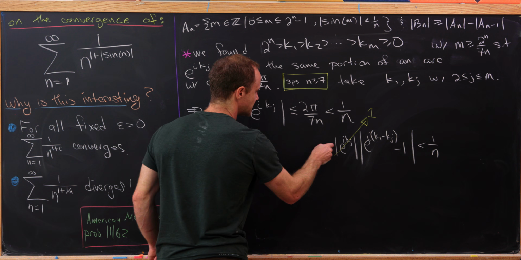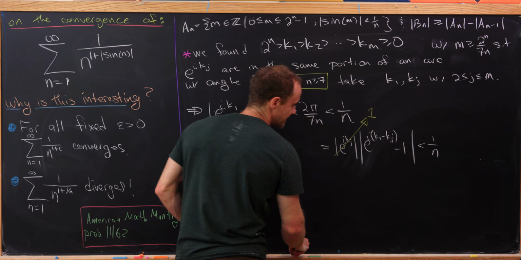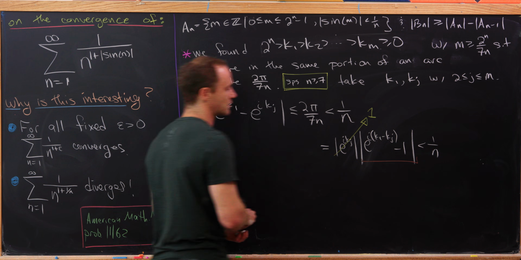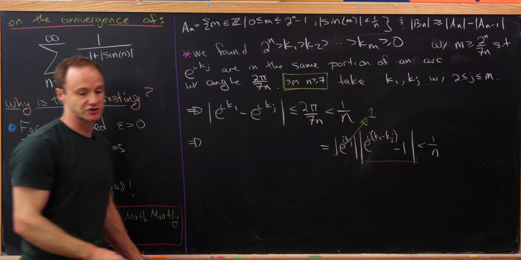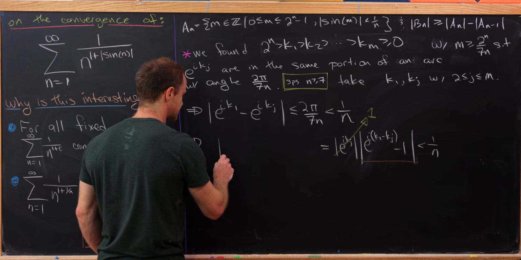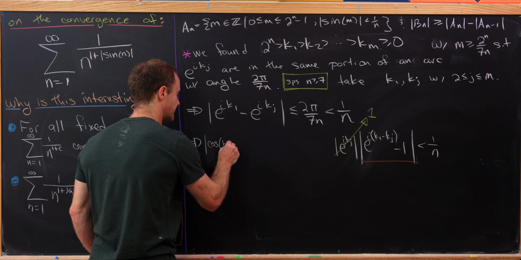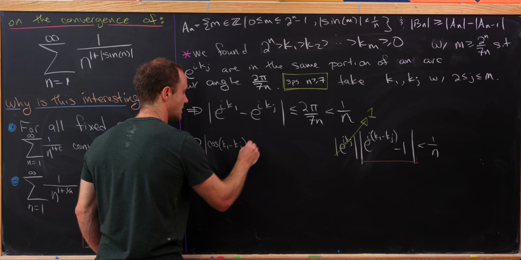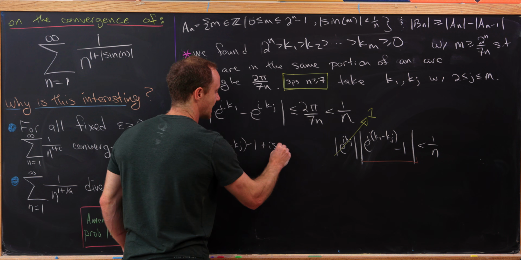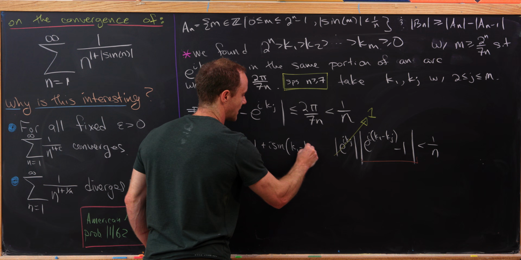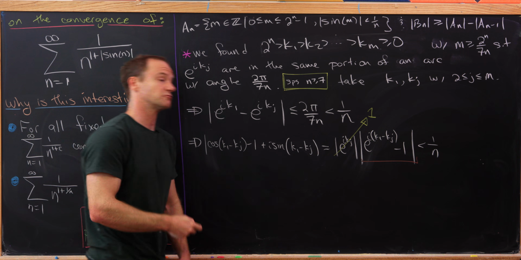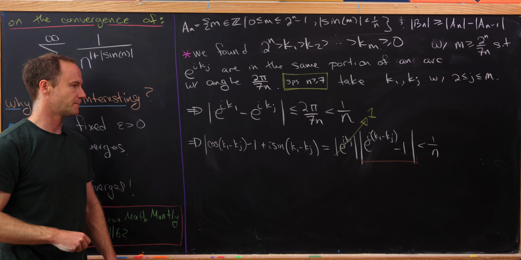Then we can rewrite this bit right here using Euler's formula for the complex exponential. And that'll look something like this. So we get cosine of (k_1 minus k_j) minus 1 plus i times sine of (k_1 minus k_j). And that's strict equality there.